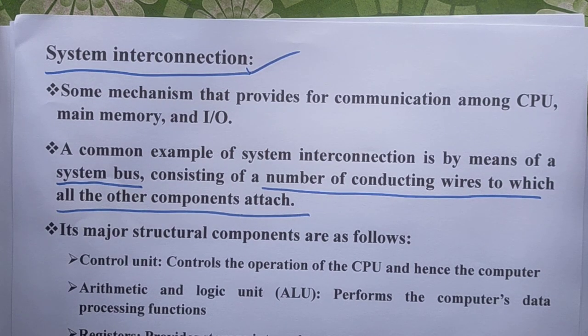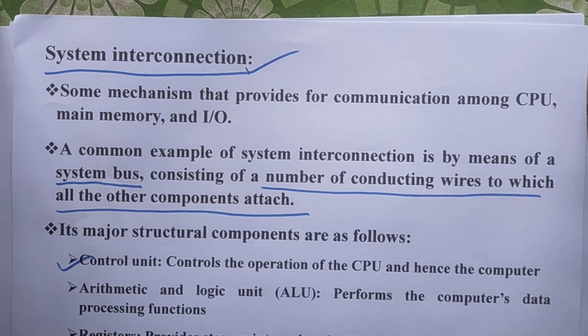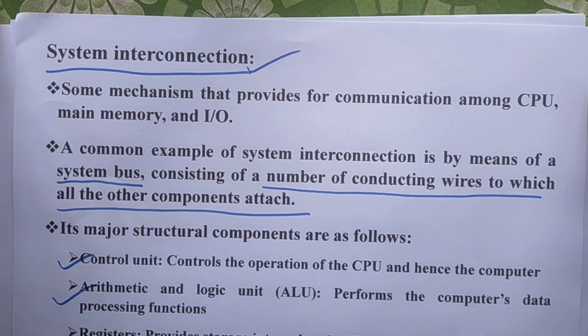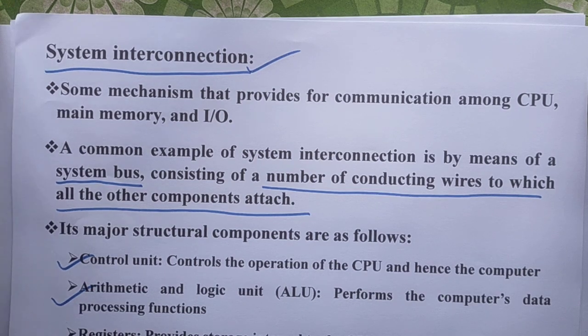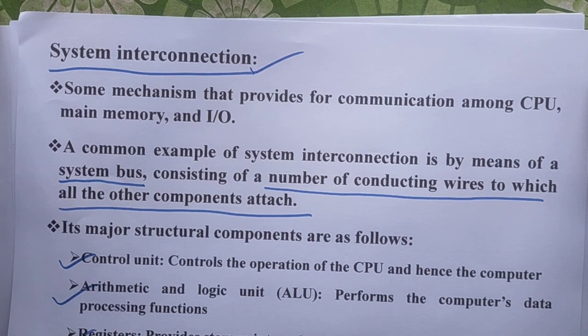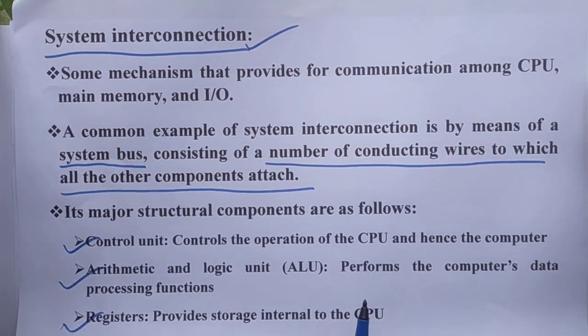The major structural components are the control unit, which controls the operations of the CPU and hence the computer, and the arithmetic and logic unit, which performs the computer's data processing function. Another is registers, which provide storage internal to the CPU.